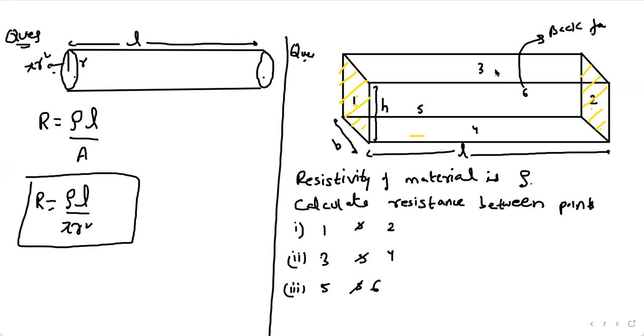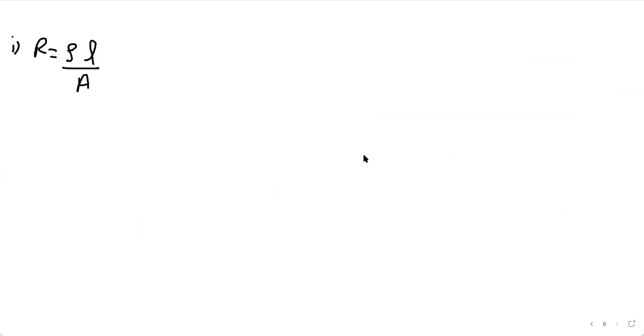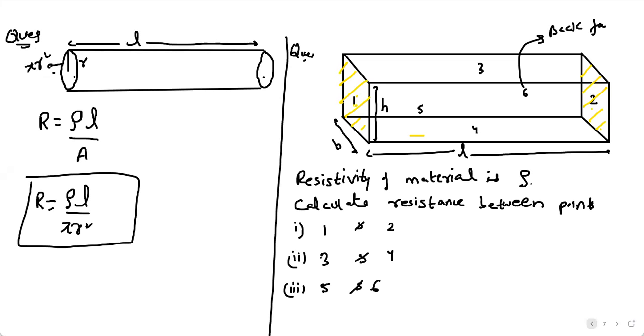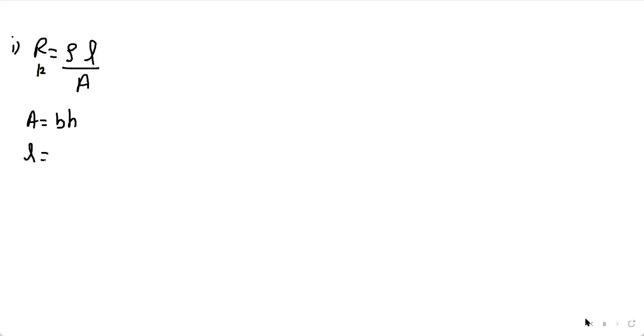B into H. Yes, one dimension is B, another is H. So for R12, the area that we will use is B into H. The length I will use is the separation between the two faces, which is L. I write this as A12 and L12.